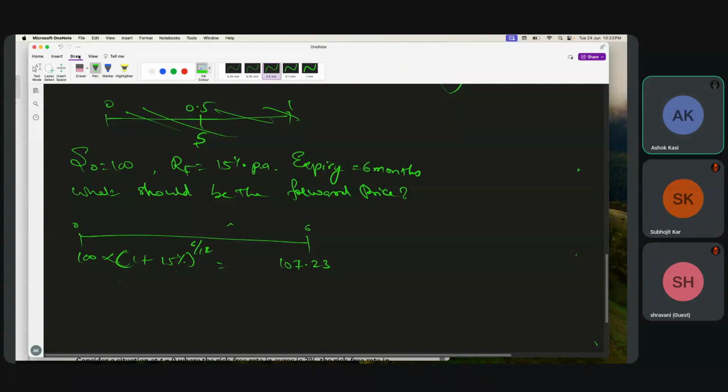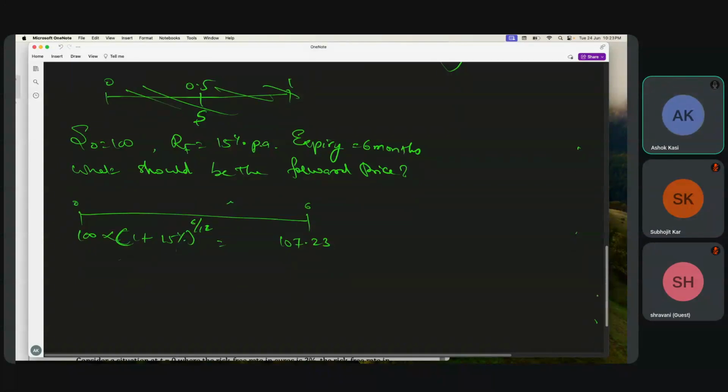Suppose, let's say after 2 months, spot is equal to 120.